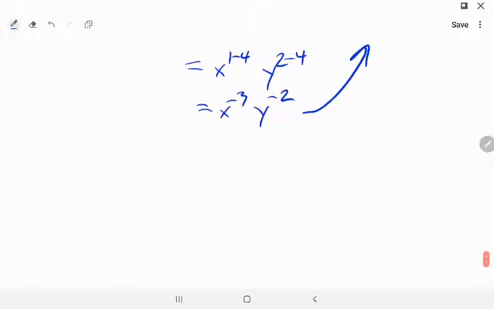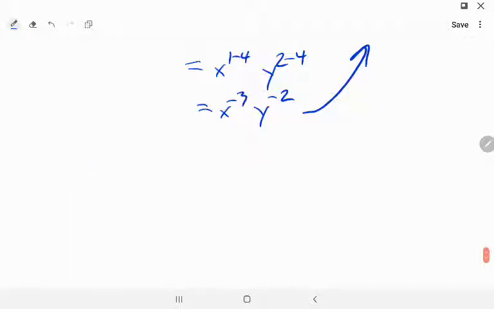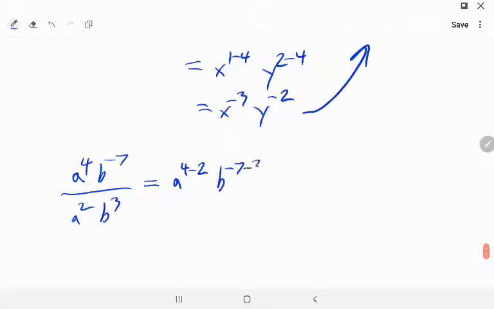So you'll actually notice, if we had... we're using x too much. We'll look at if we had a to the fourth, b to the negative 7, divided by a squared b to the third, we notice that an easy, I should say straightforward, approach is just to think of that as a to the 4 minus 2, b to the negative 7 minus 3.